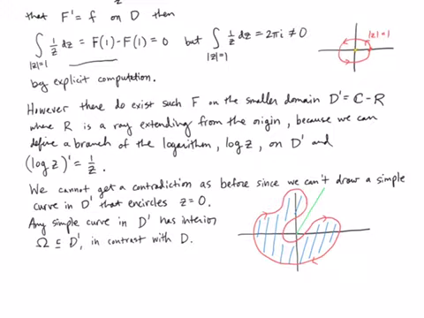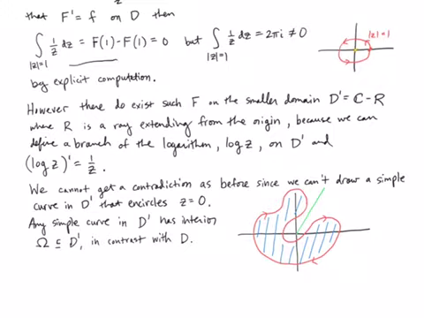If we go to a smaller domain, so we shrink our domain D to D prime, which is the complex numbers minus any ray extending from the origin, then we can define a branch of the logarithm on that domain. And we know that for the logarithm, whatever branch you pick, the derivative is 1 over z.